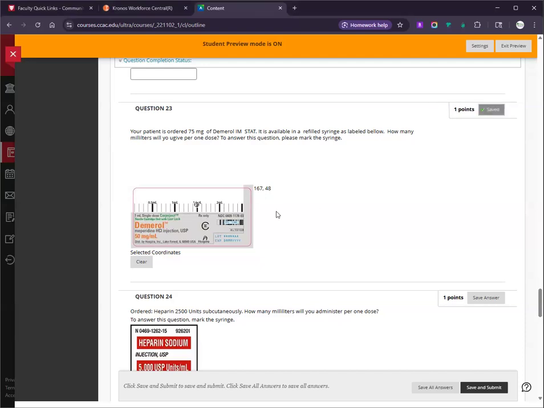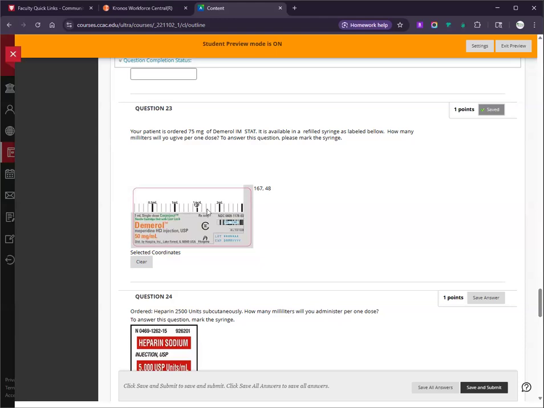Something to pay attention to is what these little tick marks are, because sometimes they're 1, but sometimes they're in multiples of 2. So what you want to do is count. Here's 1, then this should be 1.1, 1.2, 1.3, 1.4, 1.5. That's how you confirm it.